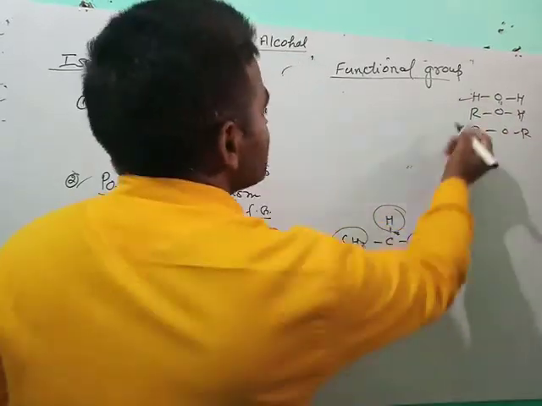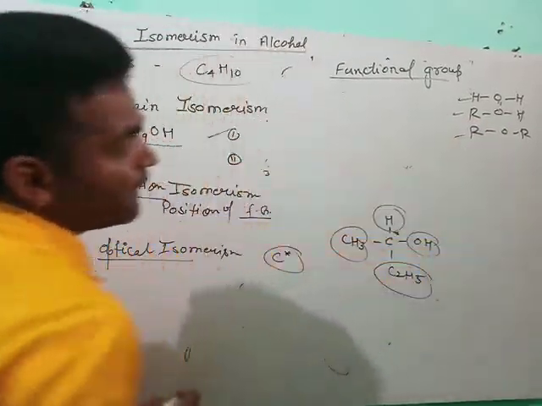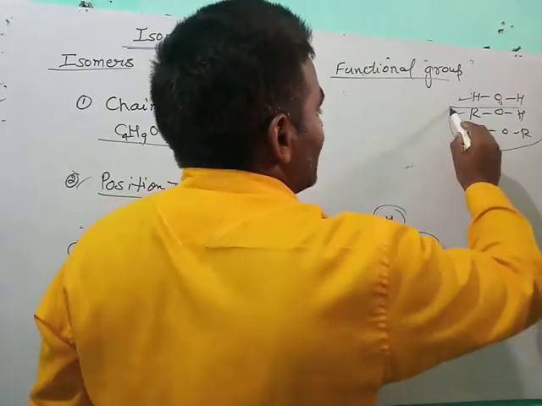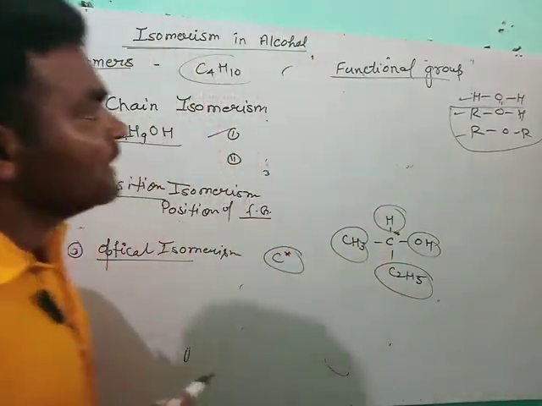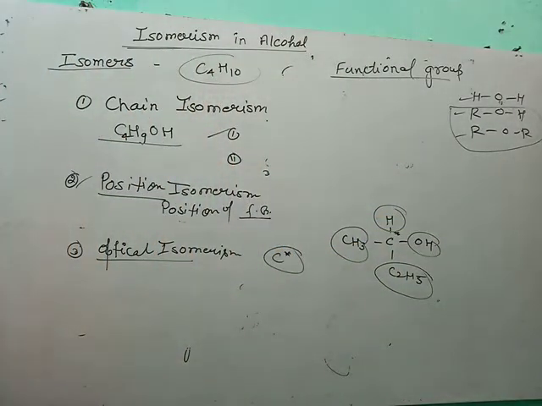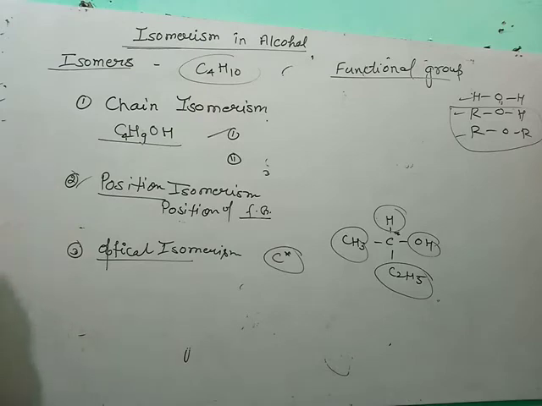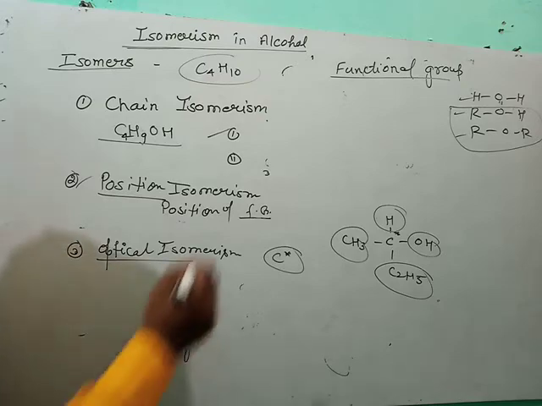This is water, this is alcohol, and this is ether. I tell you, alcohol shows functional group isomerism with ether. First, what is functional group isomerism? An isomerism in which a change of functional group takes place is called functional group isomerism.